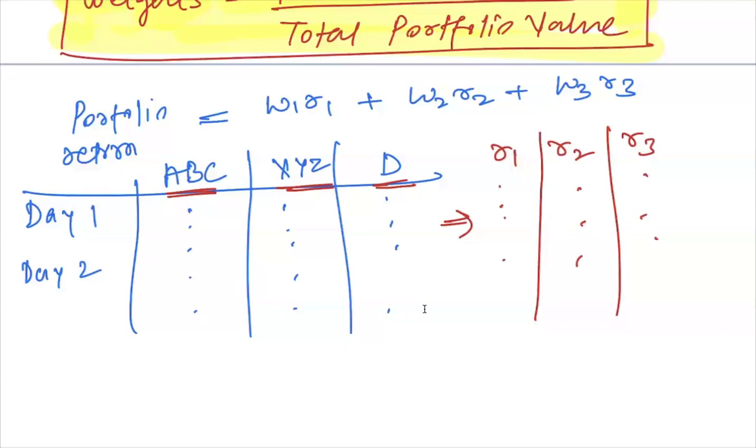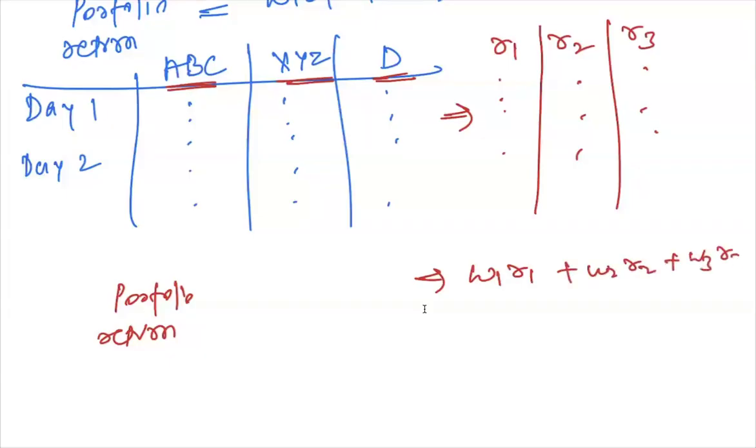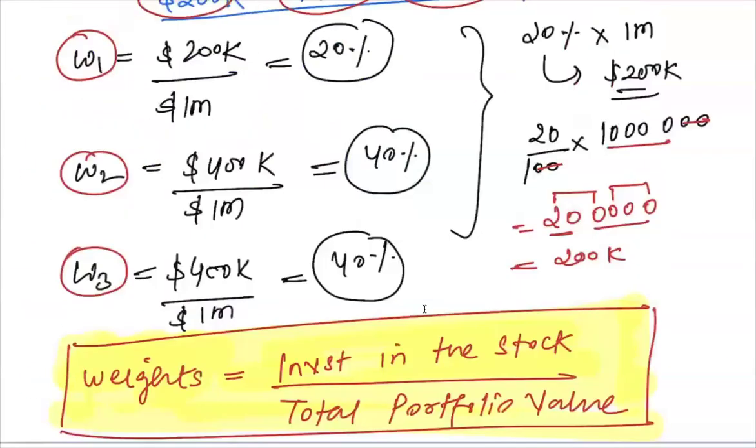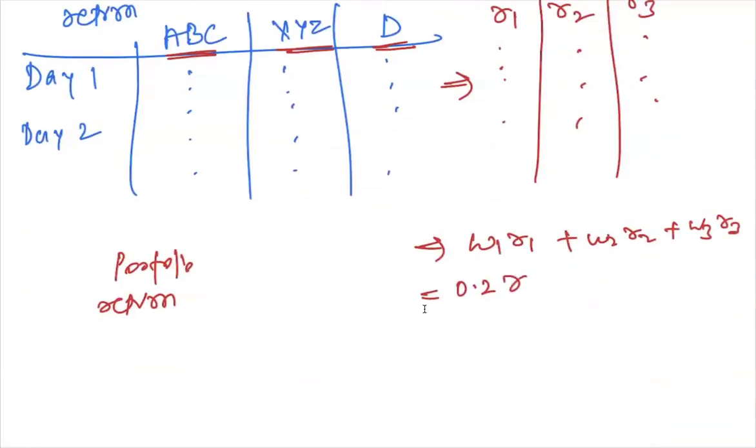So now, for calculating the portfolio return, you'll do W1R1 plus W2R2 plus W3R3. Let's put in the values. W1 is 20% or 0.2, W2 is 40% or 0.4, W3 is 40% or 0.4. So 0.2 times R1, 0.4 times R2, 0.4 times R3.